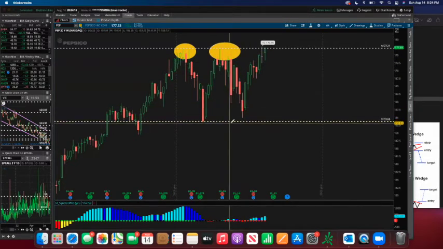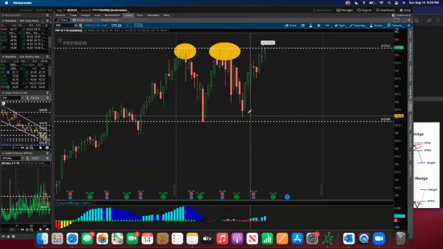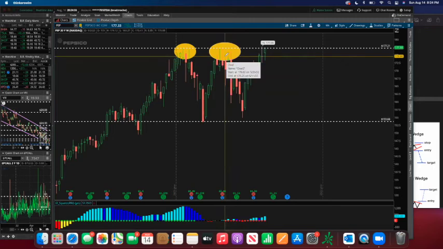This would be considered the neckline right about here, and this is where typically people would get in. Now, this is where it comes in good because it didn't necessarily play out, but it still would have come down and hit our profit target. So I like to anticipate it, and I would get in somewhere here where it's having these large wicks and strong rejections. That's where I would like to get into these plays.